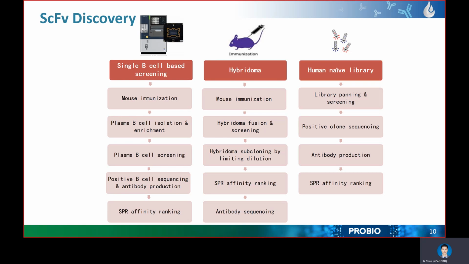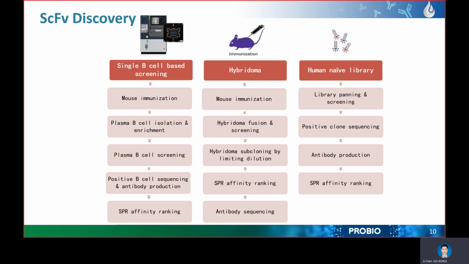Here, I'm showing the general workflow of a single chain FV lead generation with 3 different approaches. Single B cell based technology isolates B cells from immunized animals and identifies top leads through cell level screening, sequencing, and affinity validation.